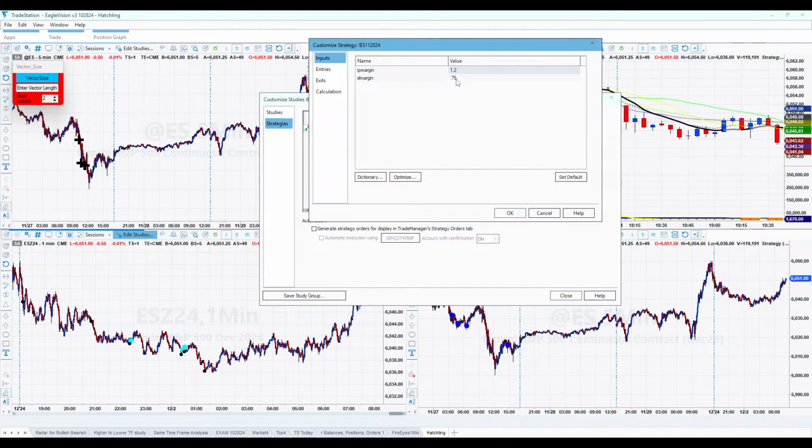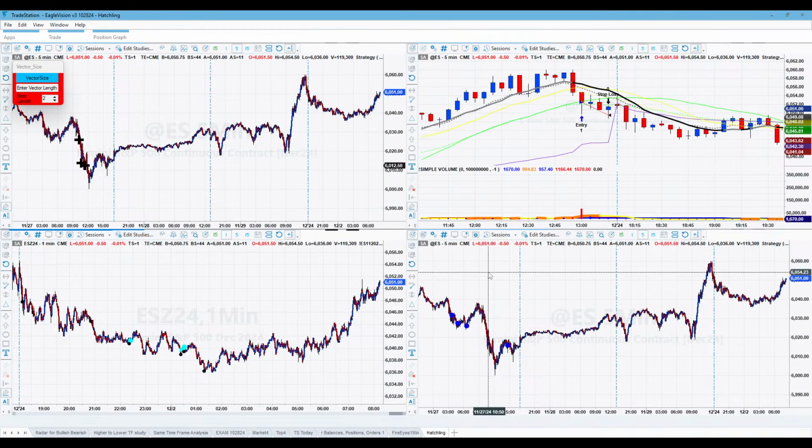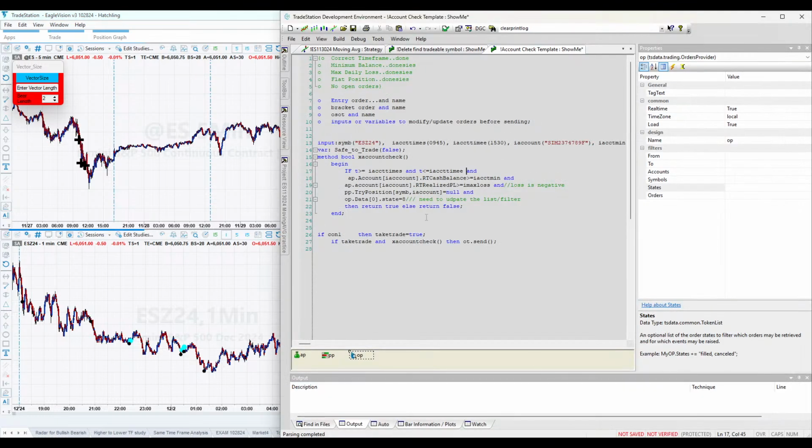But this is a modifier, pretty much like a percentage of the average true range. So my take profit margin would say $50 times average true range of 7 candles times 1.2, right? So that 1.2 in there needs to give me the correct price level for my bracket order.